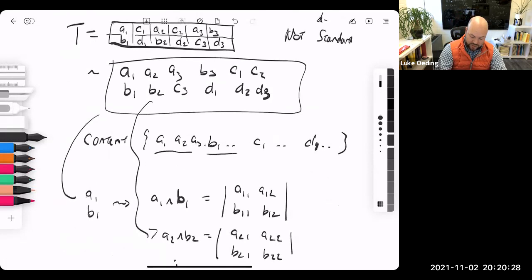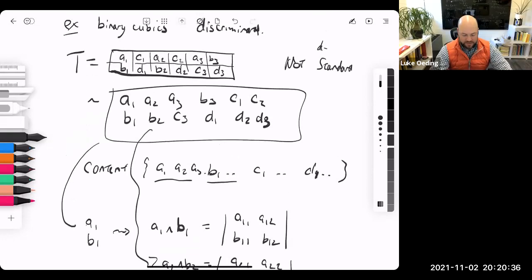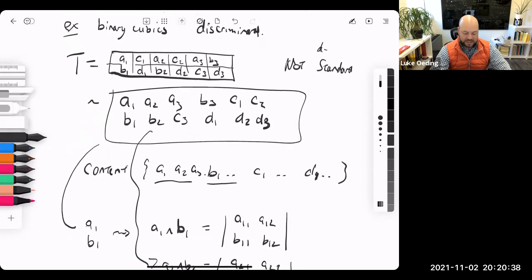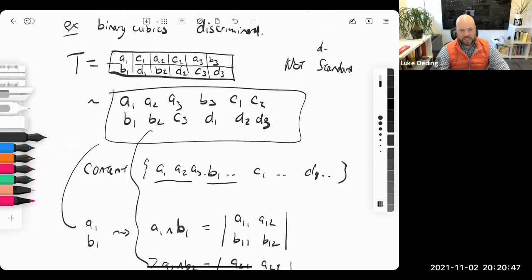So I need 3 of each letter. Correct. So long as it's the same tabloid, you're saying you're fine? Yeah. And then the other thing is I can't have any repeated letters in the same column. In the same column, correct. Because I'm going to skew symmetrize something that's already symmetric. And so that's something I'm not allowed.